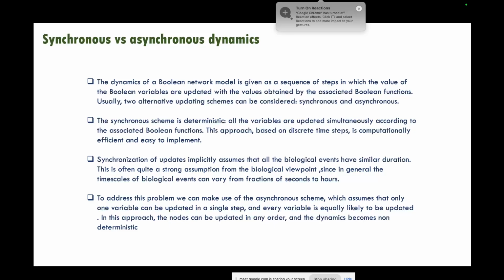If you assume synchronization, there is a much greater chance of having a deterministic solution compared to an asynchronous condition.